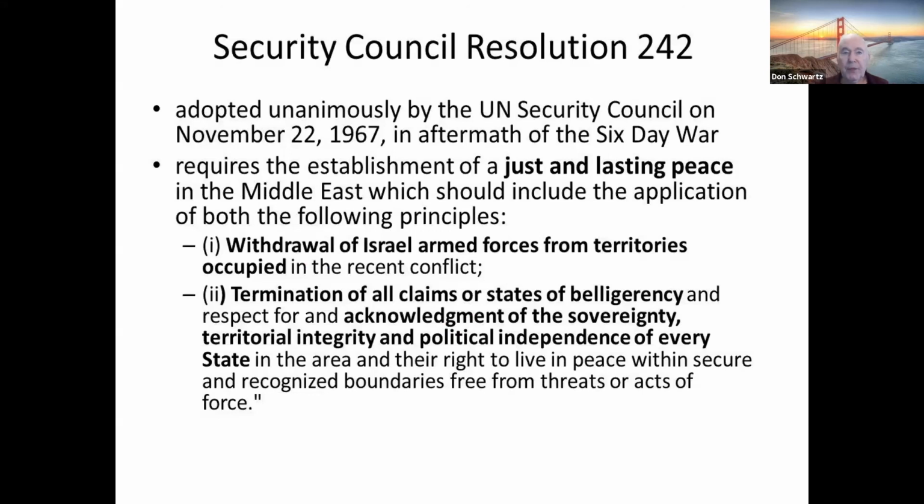It took Israel 3 years before it accepted Resolution 242. But Palestinian leadership rejected Security Council Resolution 242, maintaining that any concept of peace for land was preposterous, since they regarded nearly all of Israel as stolen territory.